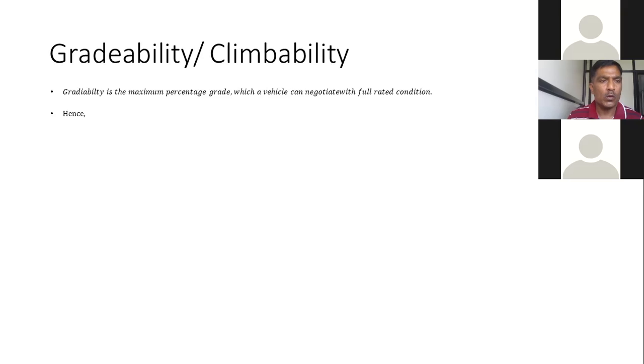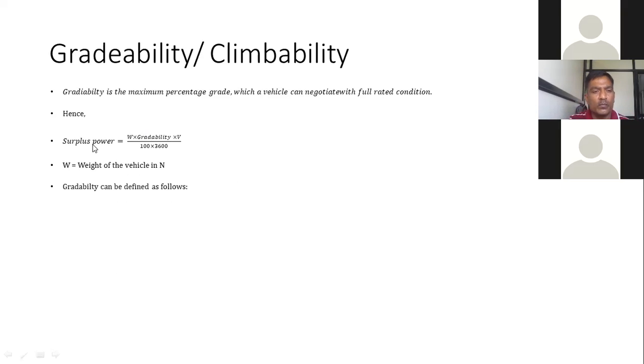Accordingly, we can get surplus power is equal to W into gradability into V divided by 100 into 3600. So this gradability we have included in the expression of the surplus power, and we have related it to this surplus power. Okay, where W is weight of the vehicle in Newton.